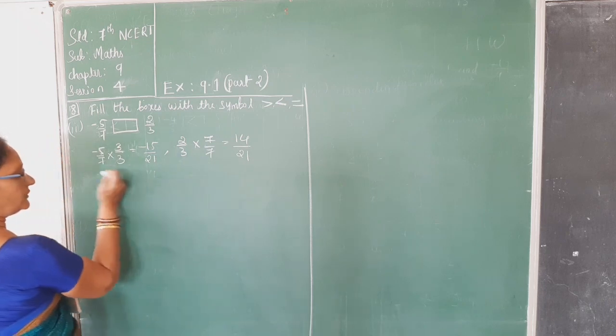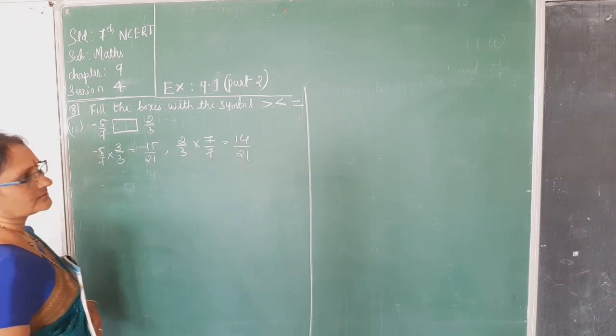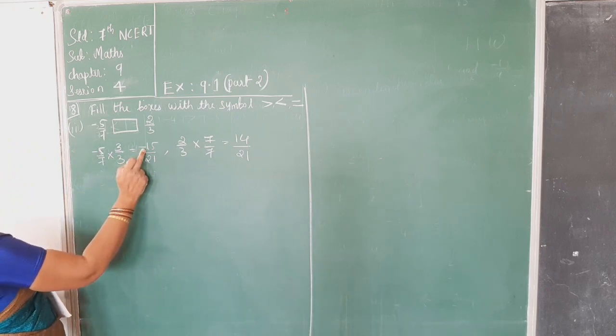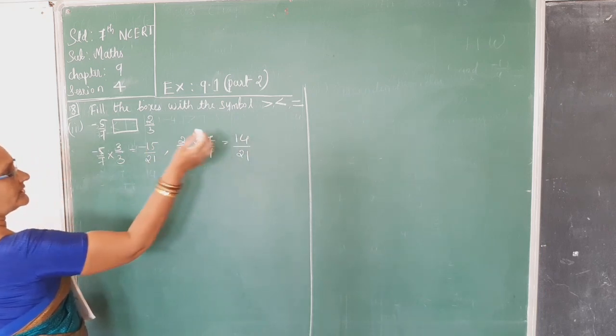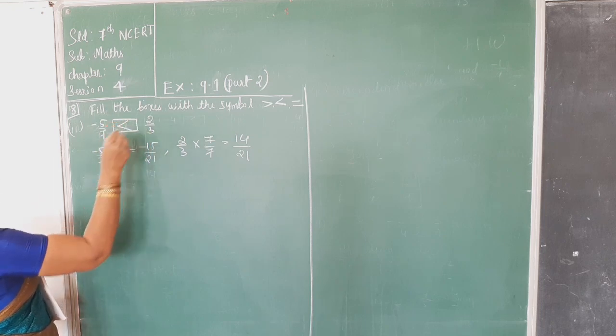See, both the denominators are the same. Side by side it is easy for you to compare. See, this is minus 15 and this is 14. Which is smaller now? Minus 15 is smaller than 14. So here we have to use the symbol that is smaller.